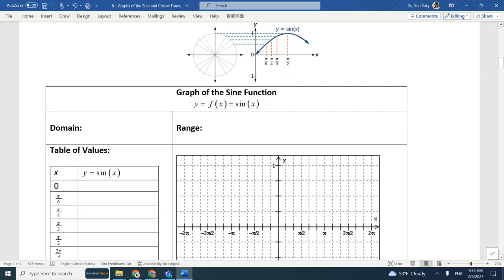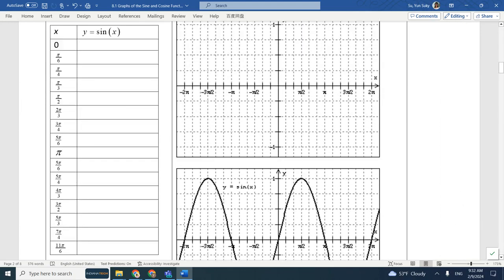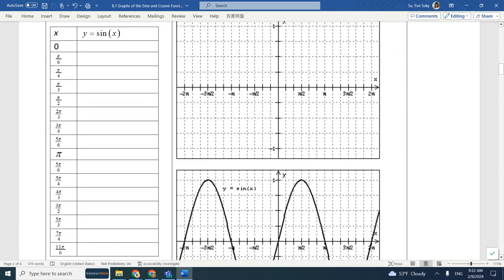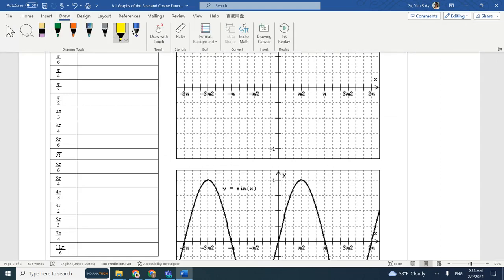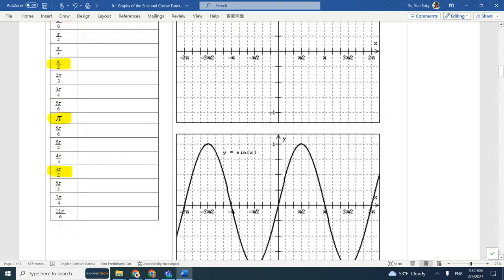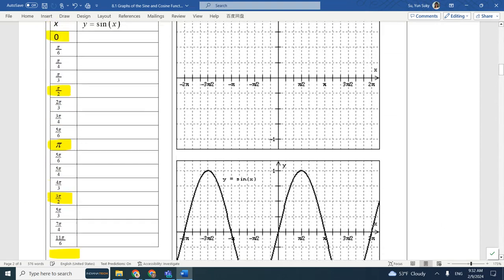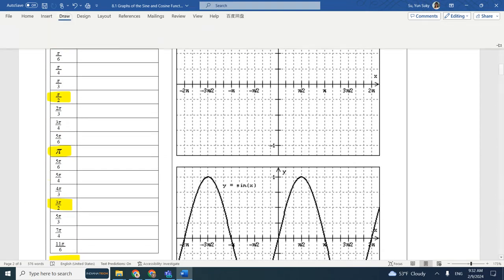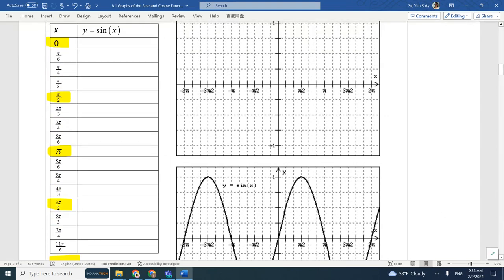Now, how do we convert the values of the unit circle to the actual graph of sine x? Okay, we want to draw sine x. Well, it looks like there are a lot of numbers. I just want you to focus on 0, pi over 2, pi, 3 pi over 2, and 2 pi. Just focus on those 5 key points.